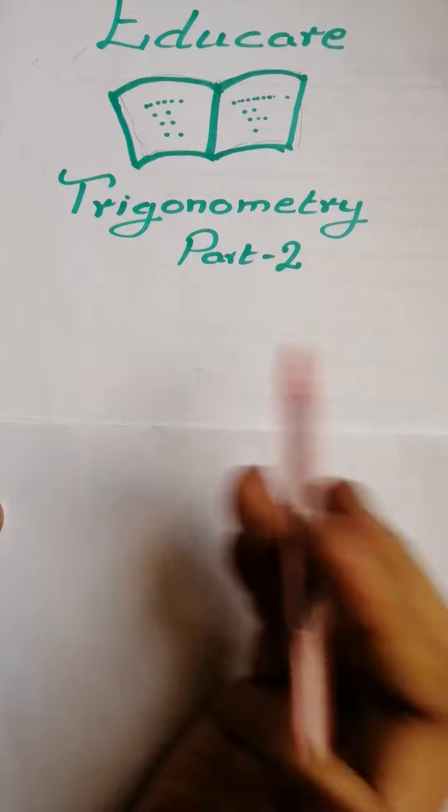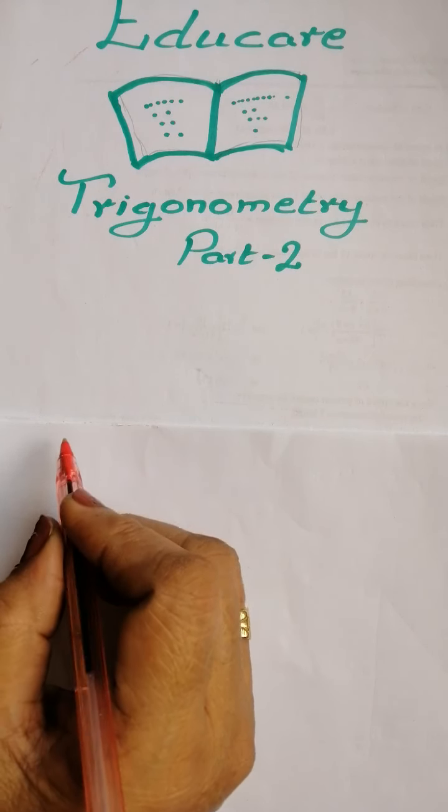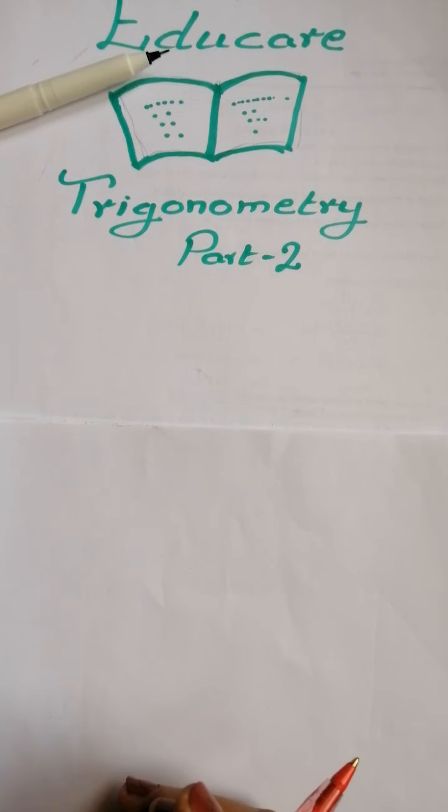Question number 10 of NCERT. In triangle PQR, right angled at Q. I am just making the triangle.